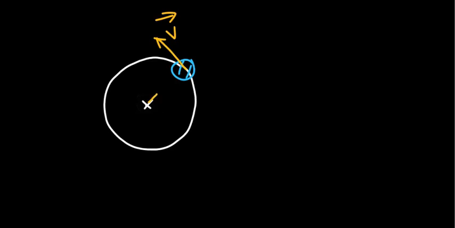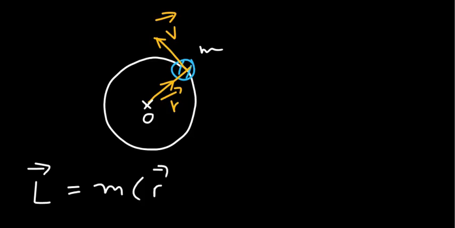Position vector is given by that, let's assume it's r, and the mass of the particle is m. So in this case, the angular momentum of this particle about that axis of rotation is m r cross v. The magnitude of that position vector is simply the radius of that circular trajectory.